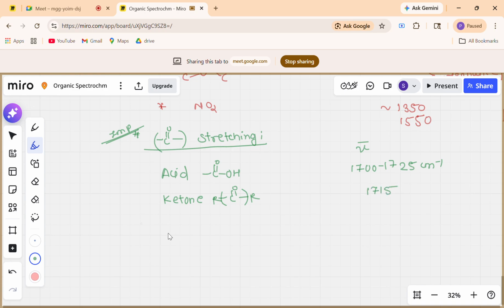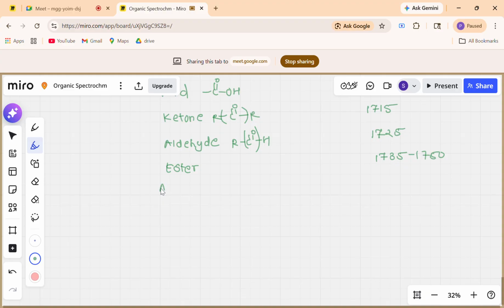When we are talking about a ketone containing C double bond O and alkyl chains, the corresponding value will be in the region of 1715 centimeter inverse. When we talk about aldehyde, that C double bond O gives a stretching frequency around 1725 centimeter inverse.